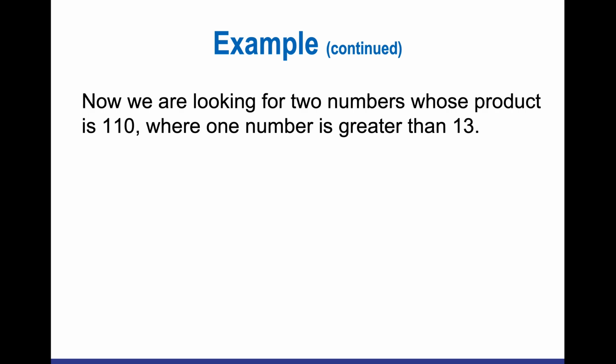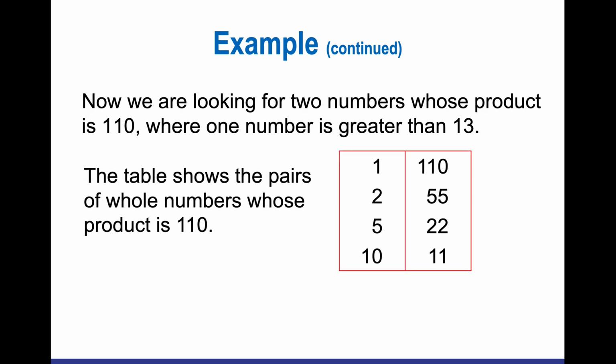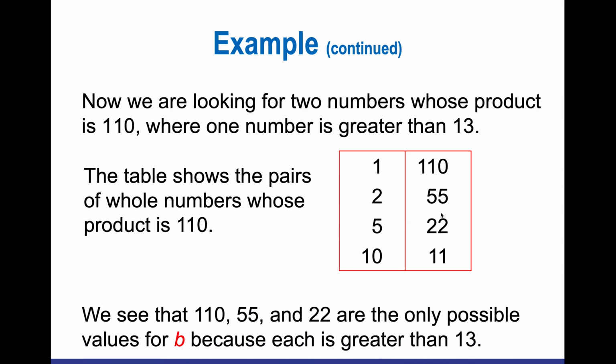Well, I'm going to show you all the pairs of 110, and I'm going to look at the ones that are greater than 13. So I have 5 and 22, 2 and 55, and 1 and 110. So at this point, 55 and 22 are going to be the only possible values for B, because B has to be greater than 13.